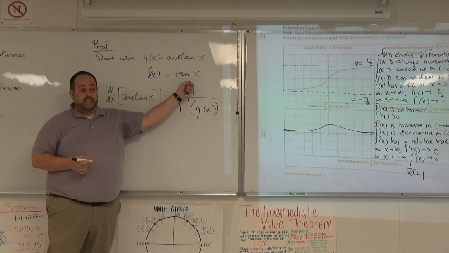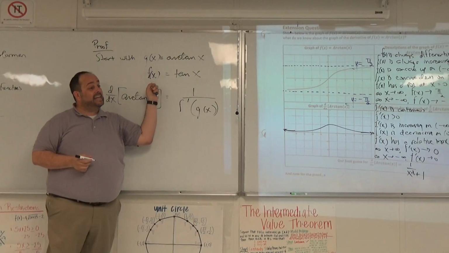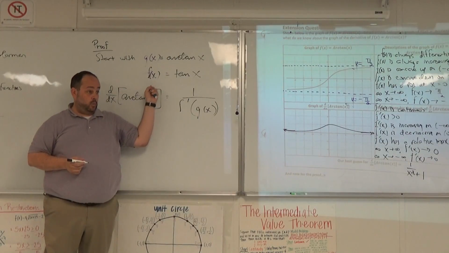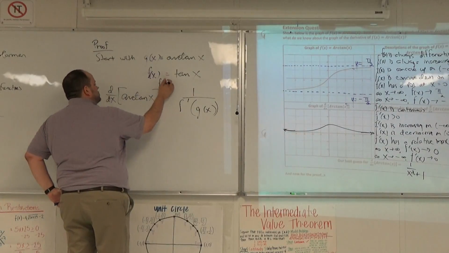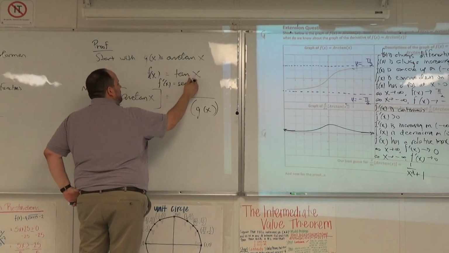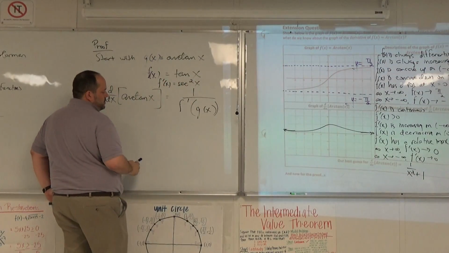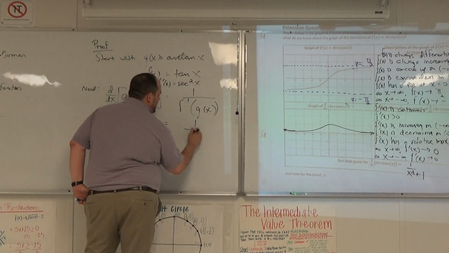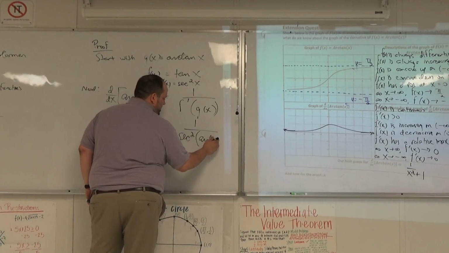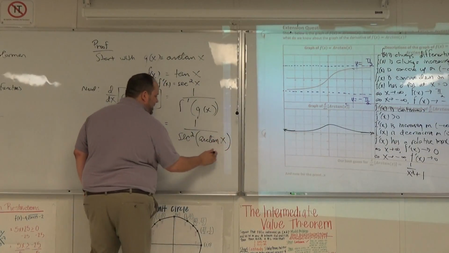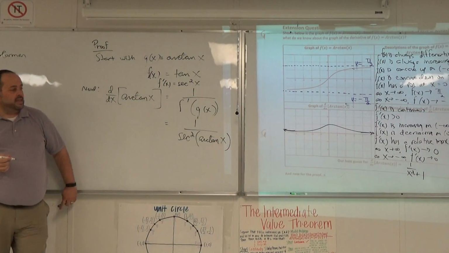F, the function that I know, has a derivative that I know. It's secant squared. F prime of x is secant squared. So what I want is 1 over the secant squared of arctangent of x.